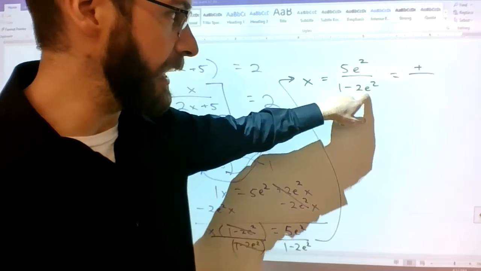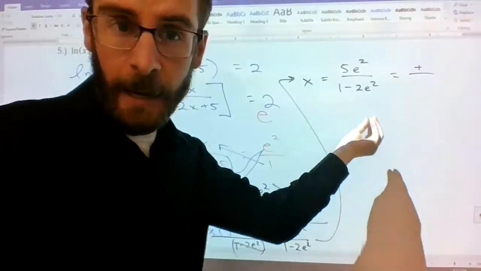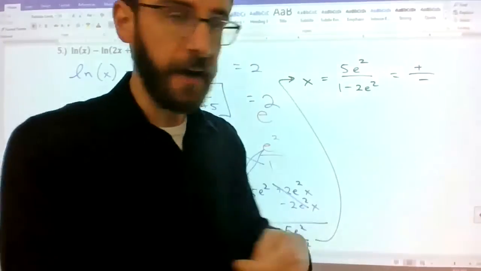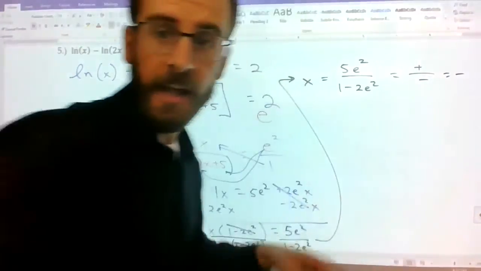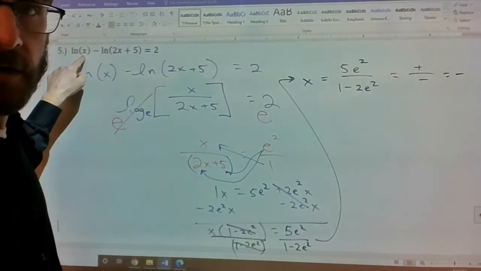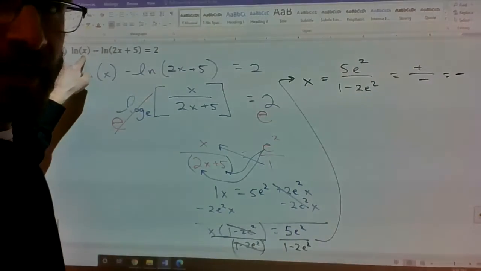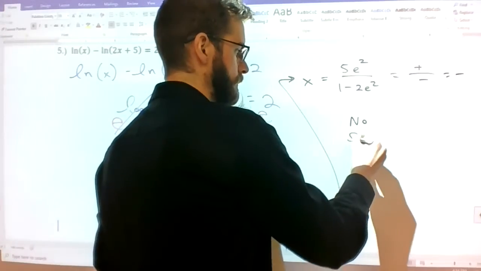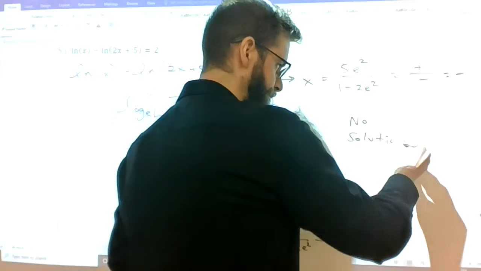Negative 2 times that, 1 minus a number bigger than 1 is going to yield a negative value. A positive divided by a negative is a negative. A negative number cannot make this work. You can't natural log a negative number. That means there's no solution.